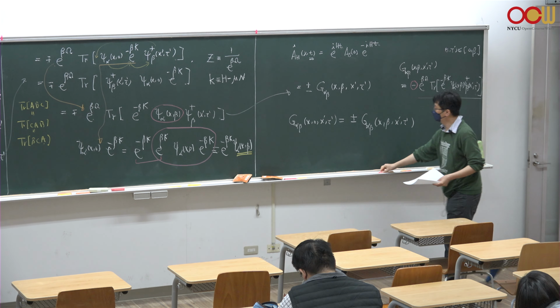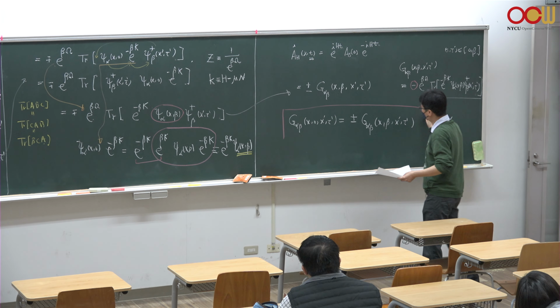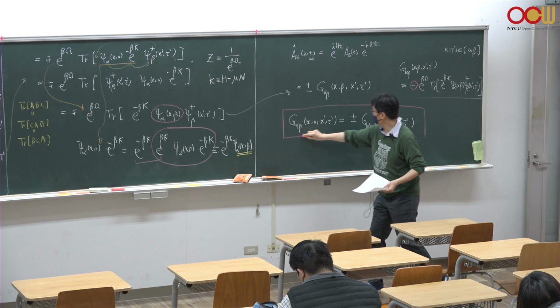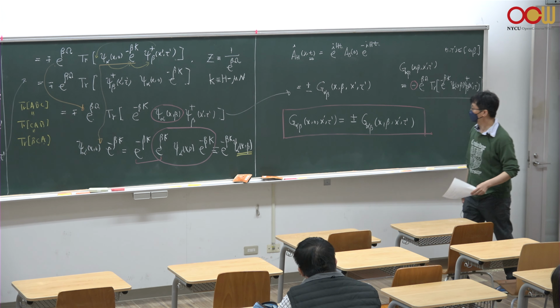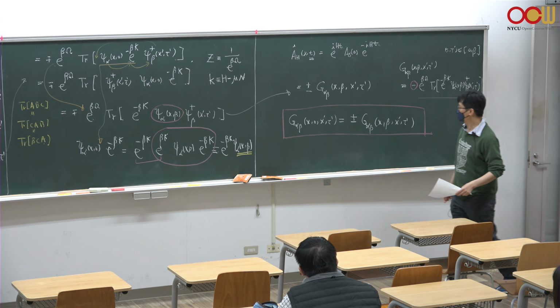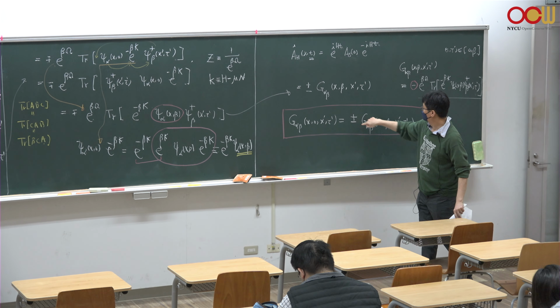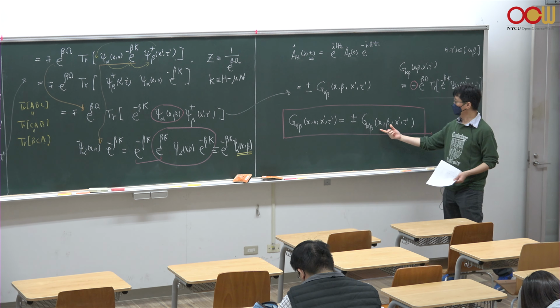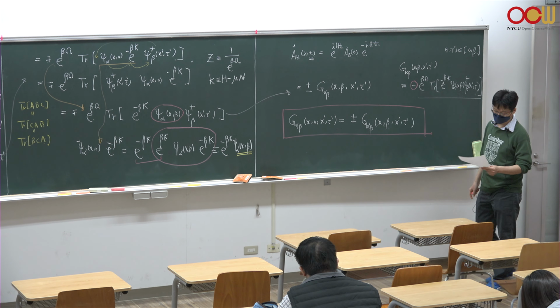This is a very useful relation of the imaginary time Green's functions, which says that you could simply shift your initial imaginary time from 0 to beta, and when you do that shift, remember you need to multiply the whole thing by a plus minus sign, and that's it.